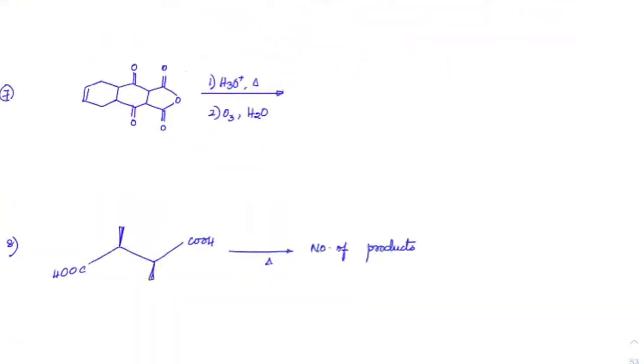Next one is also a very good question. See, first hydrolysis, make sure anhydride will become acid. Double bond O, COOH here, COOH here. And on heating, this is beta keto acid.